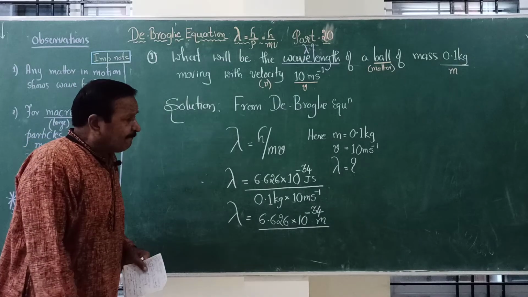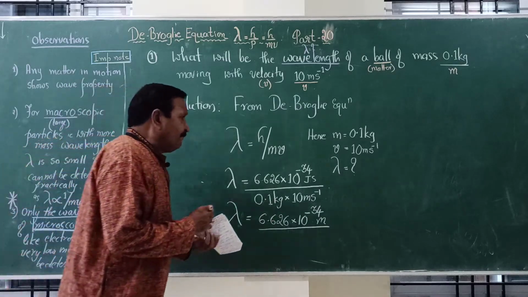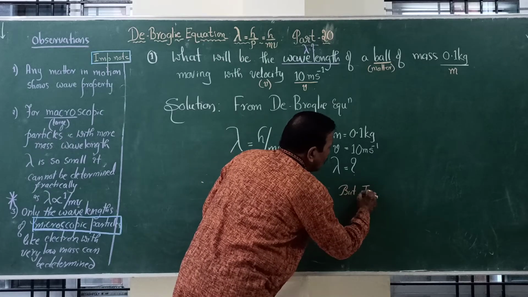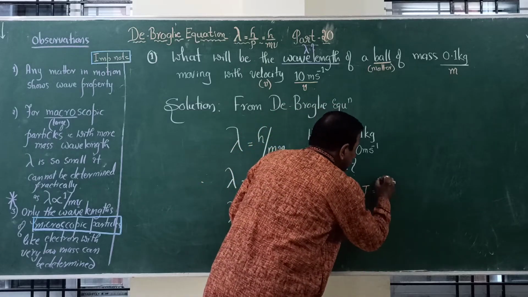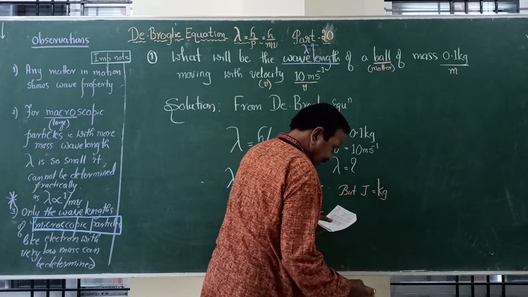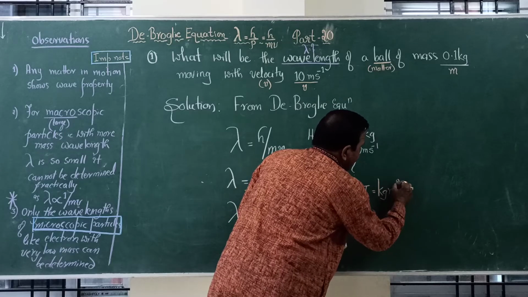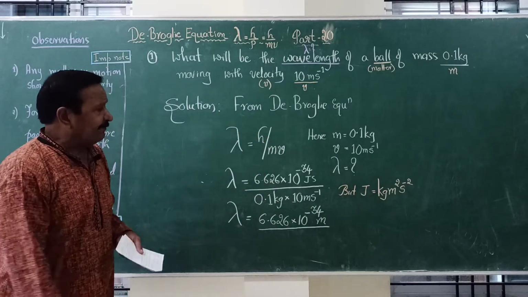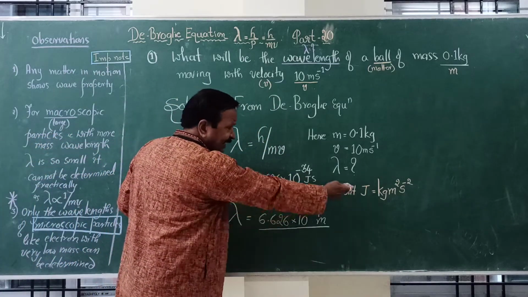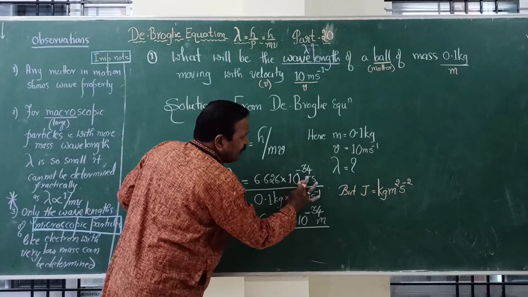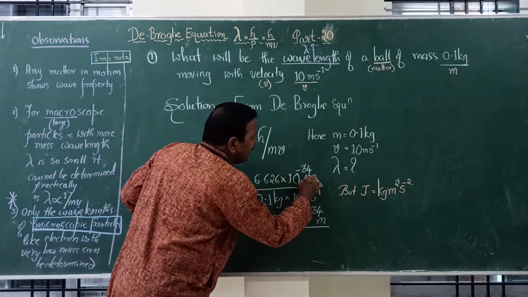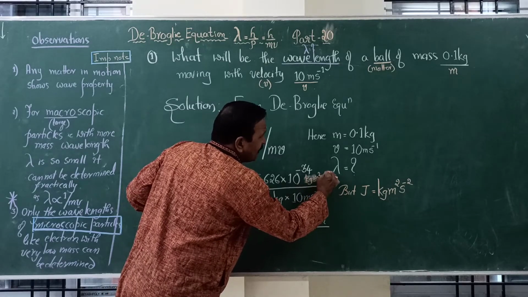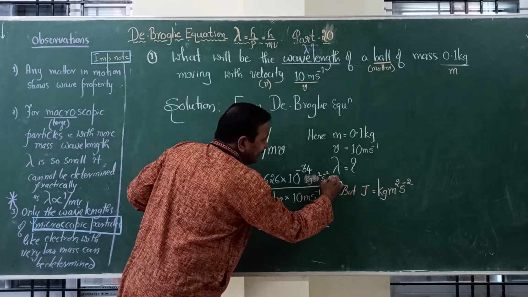Now, from where does this meter come? You have to remember that the value of joule is kg meter square per second square. Hence, if you substitute the value of J here, it will be kg meter square second to the power of minus 2, and second.